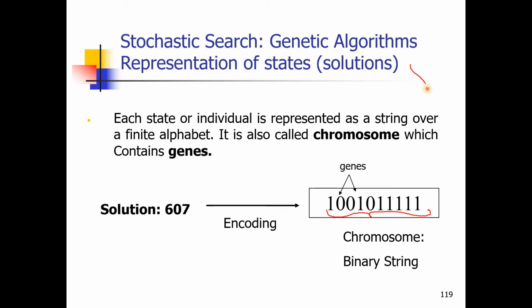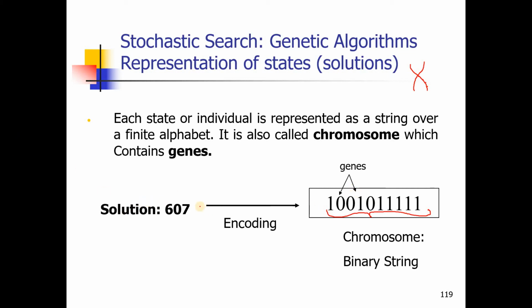Over there we used to call this one chromosome, if you remember from biology. Each chromosome is made up of very small features or particles. We call each one of them a gene. That's why we say that these genes represent the characteristics of each human. Each human has special features.